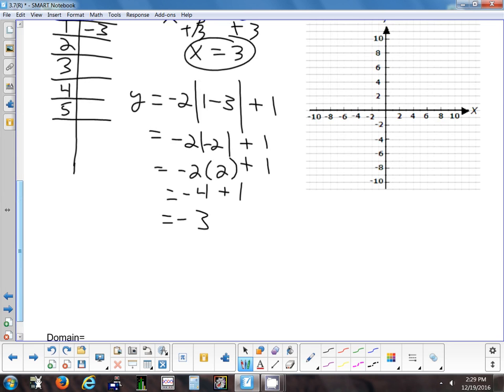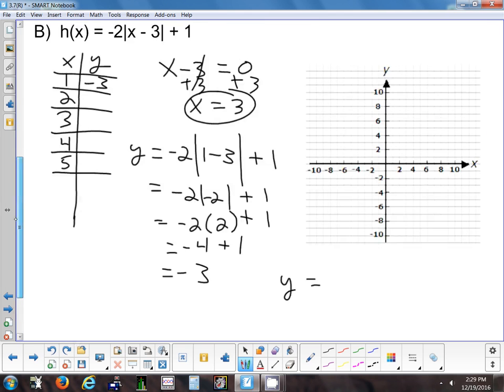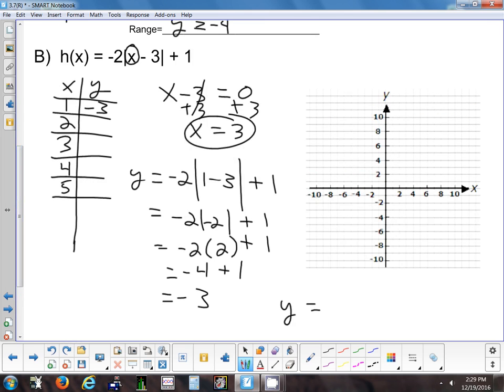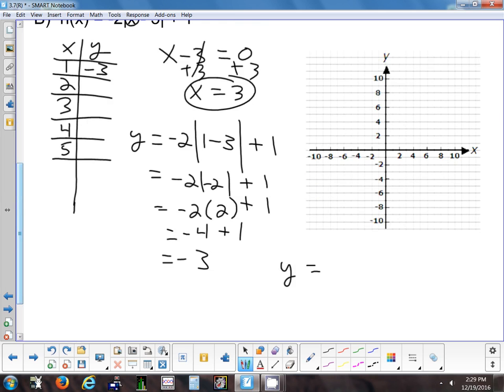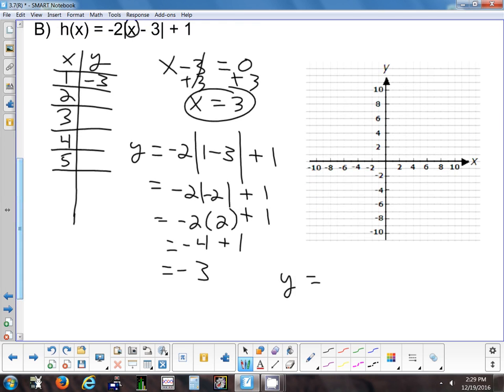Okay, next, what's the next number I plug in? 2. So change x to 2. So what am I going to have there? -2, 2 minus 3, close your absolute value, plus 1. Now do out that arithmetic.